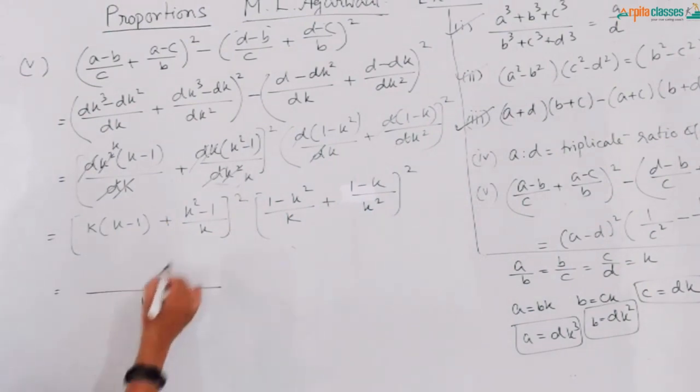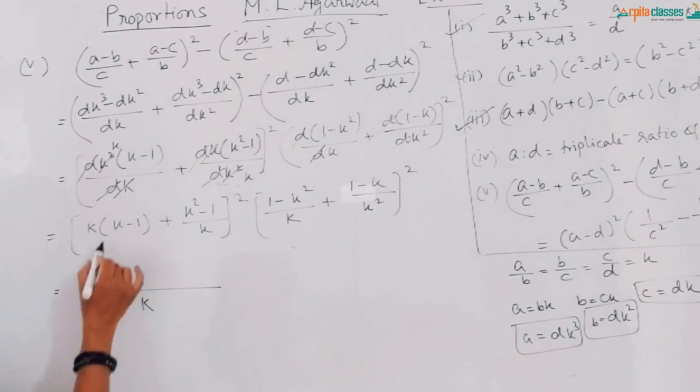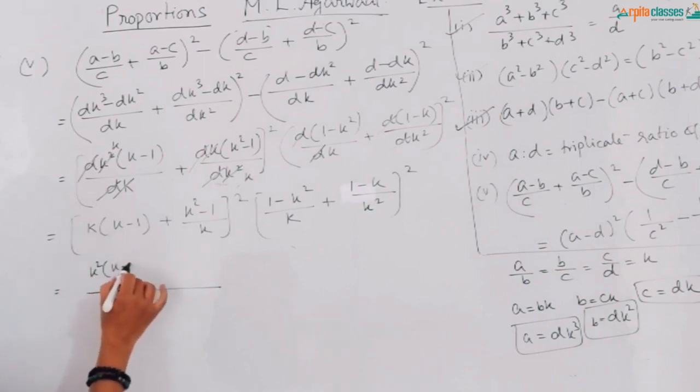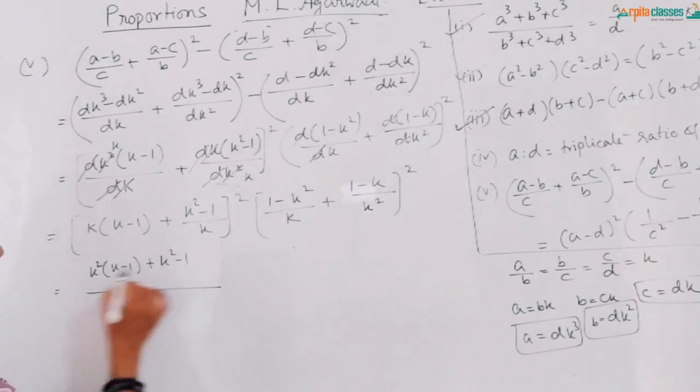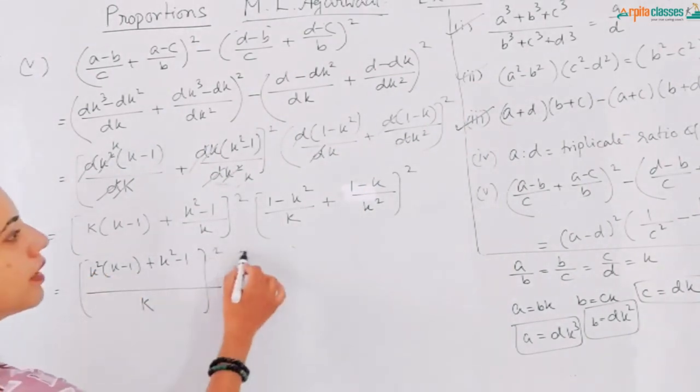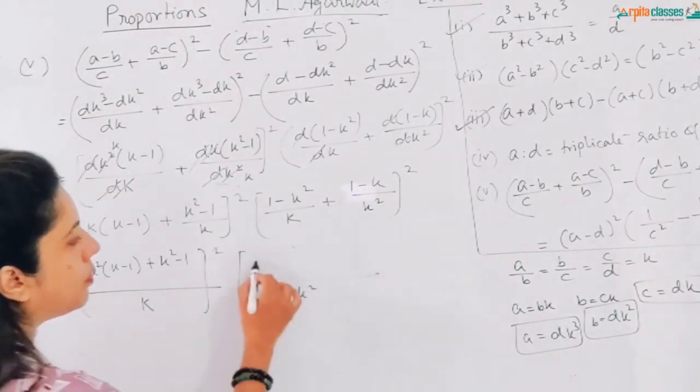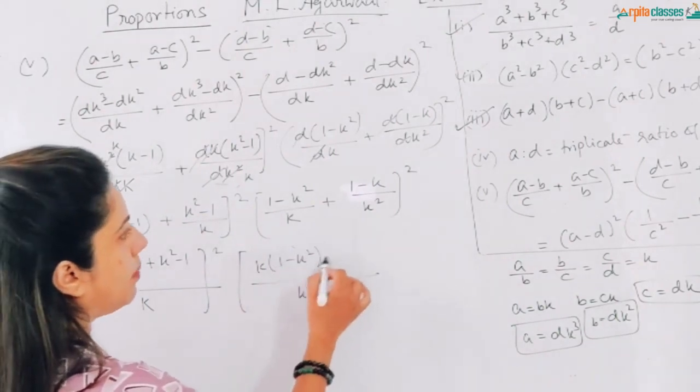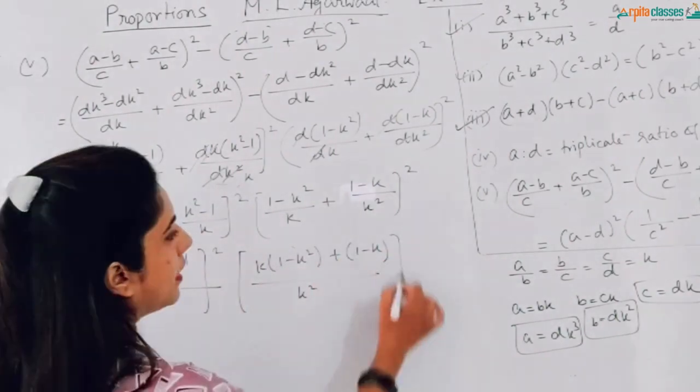Let's take k as the LCM over here. So it will be k square into k minus 1 plus k square minus 1 whole square. Here k square is the LCM, so k whole into 1 minus k square plus 1 minus k the whole square.